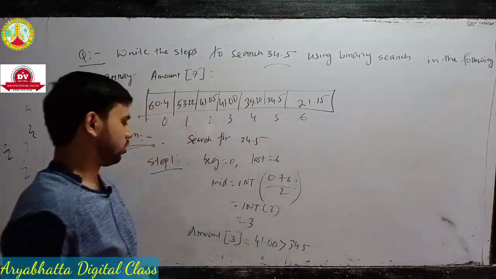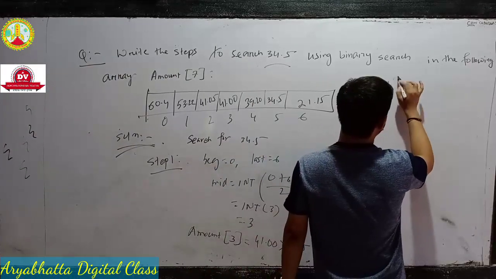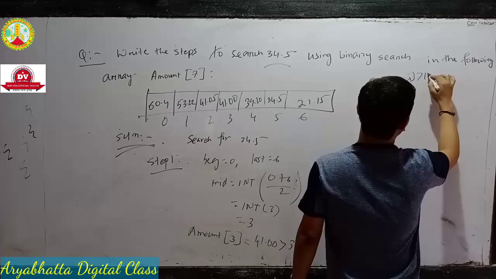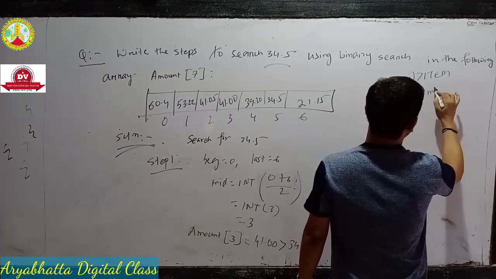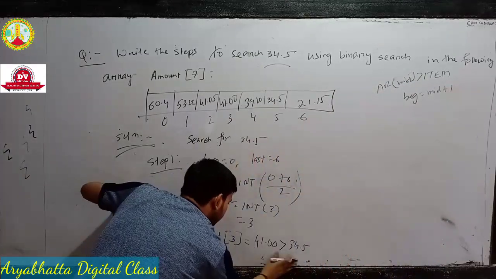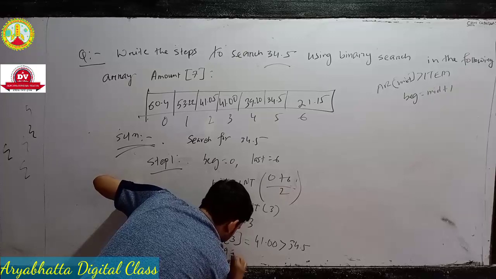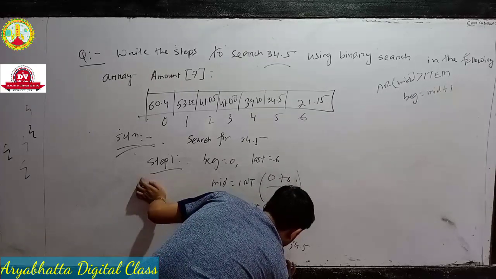And here, in descending order, when array mid is greater than item, what happens? Beginning is equal to mid plus 1. You see in here, your beginning will be mid plus 1, means 3 plus 1, 4.